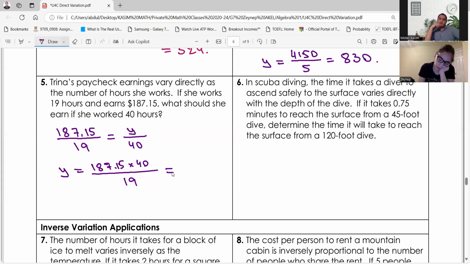We can use a calculator for this, Zainab, just for calculation. Okay, because I'm not doing this in my head.